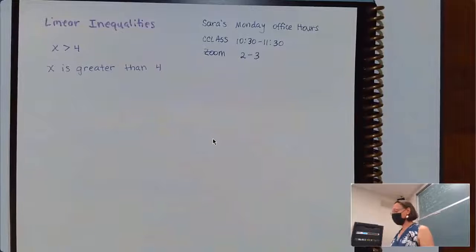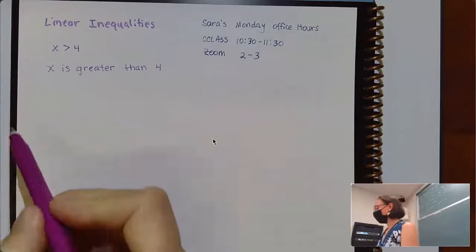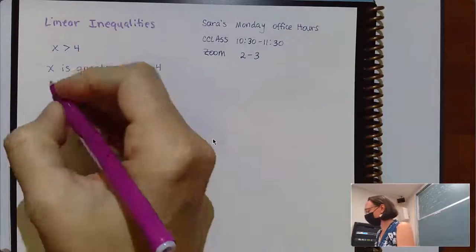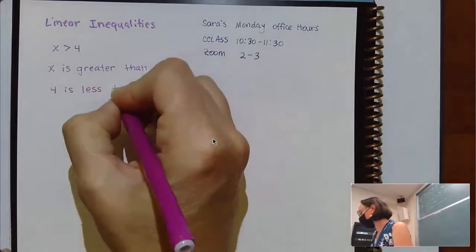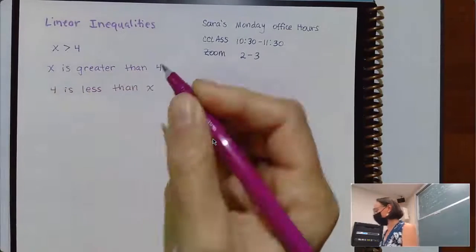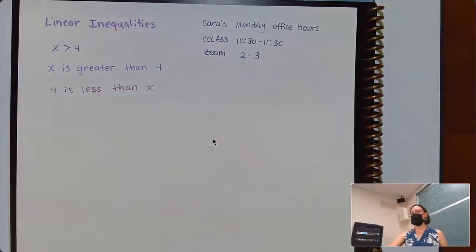The truth is that I can take this same line, and instead of reading it left to right, I could choose to read it from right to left, but then everything switches in the inequality. So if I read this from right to left, this would say 4 is less than X. And it's okay to read it in either direction.